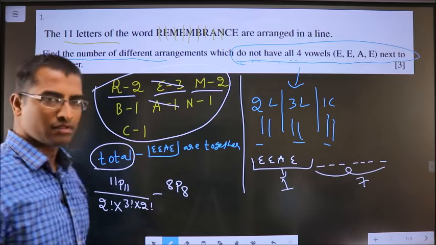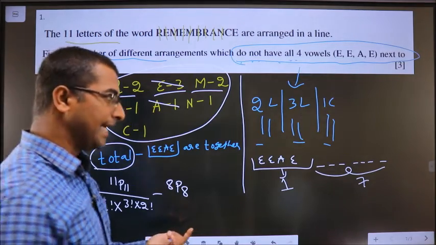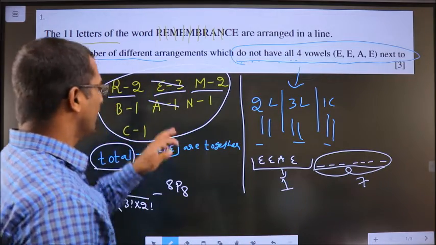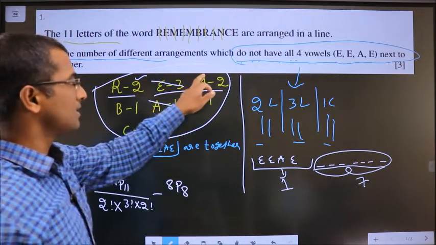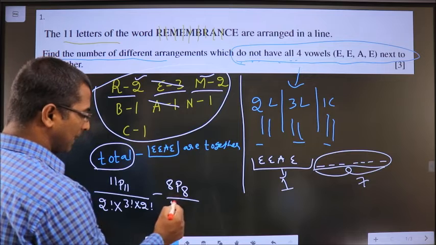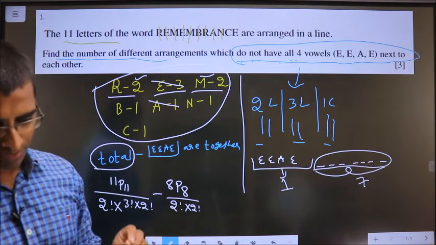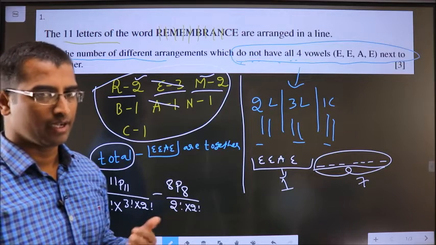8P8 ways. Okay. Now in this 8, is any letter the same? E is gone, 2 R's are the same and 2 M's are the same. So divide by 2 factorial and also 2 factorial. Clear? Next.